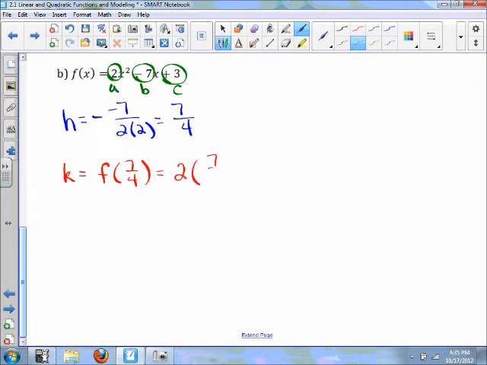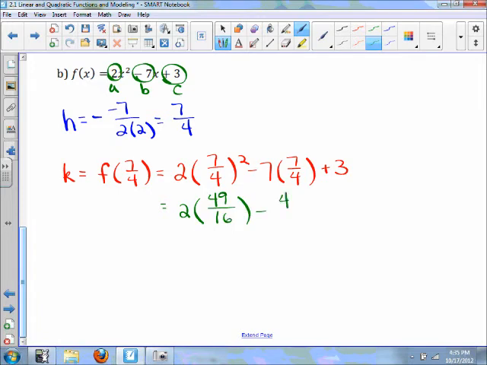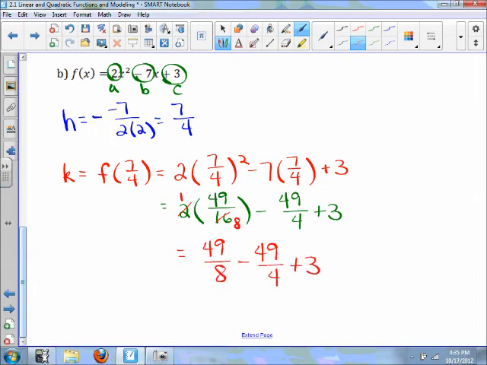So 2 times (7 over 4) squared minus 7 times 7 over 4 plus 3. Simplifying this, we'll have 2 times 49 over 16 minus 49 over 4 plus 3. So it really would be 49 over 8 minus 49 over 4 plus 3.